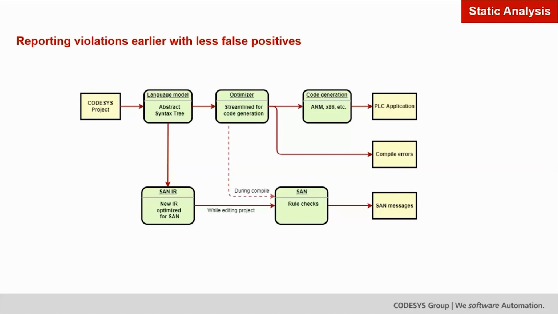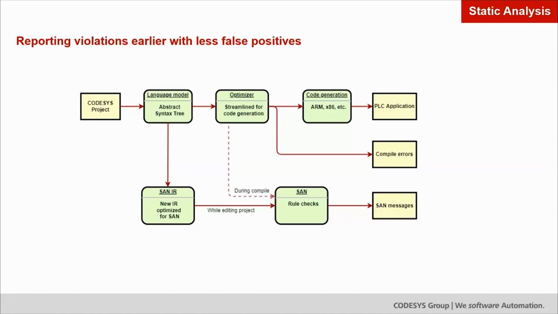So as part of this research project, we now introduce a new optimized internal representation, which is specifically created for the static analysis rule checks early on, already while editing the project.